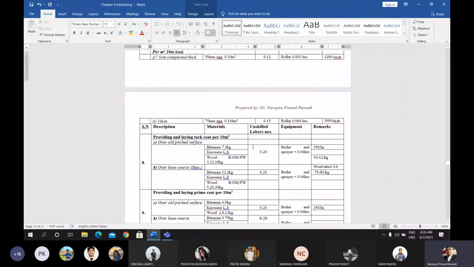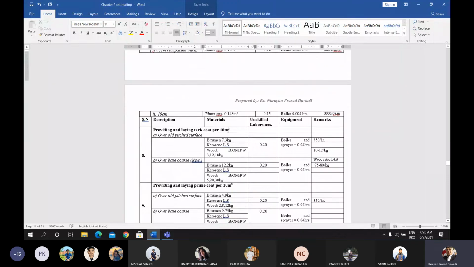Now, for item number 8, providing and laying tack coat for 10 meters square. Tack coat is the spreading of the binding material, the bitumen, over the base course. Tack coat is the bituminous painting.